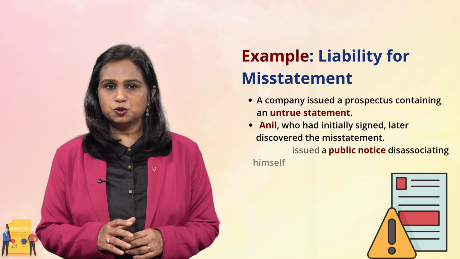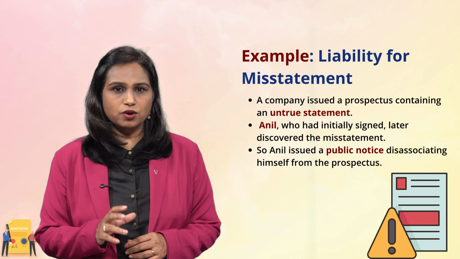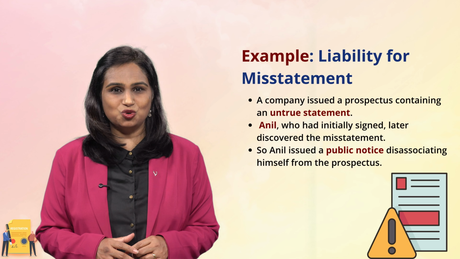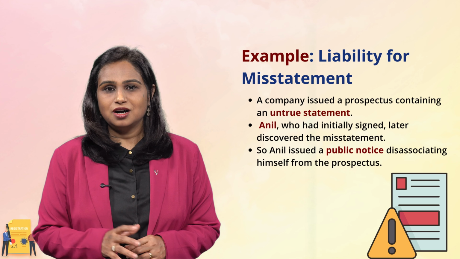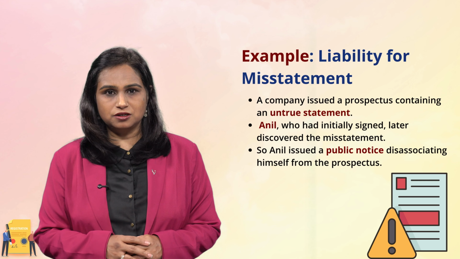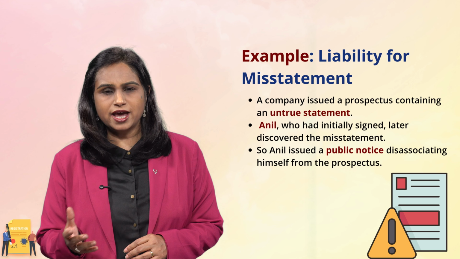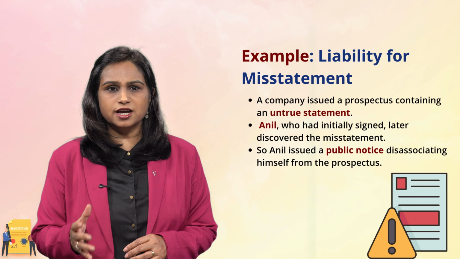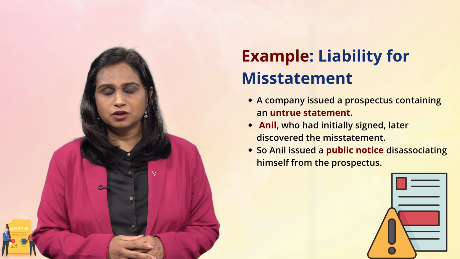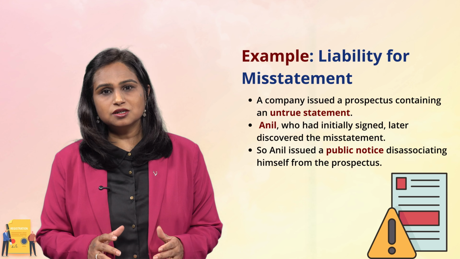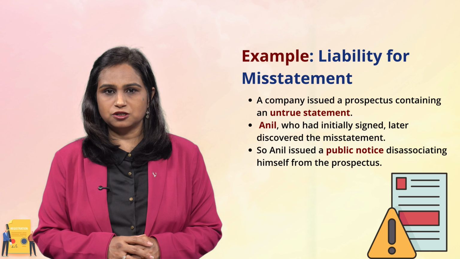To understand this point more deeply, I will give you an example and then I will ask you a question. A company issued a prospectus which had an untrue statement. One of the experts, Anil, who had signed in the prospectus earlier, became aware that there is an untrue statement in the prospectus.